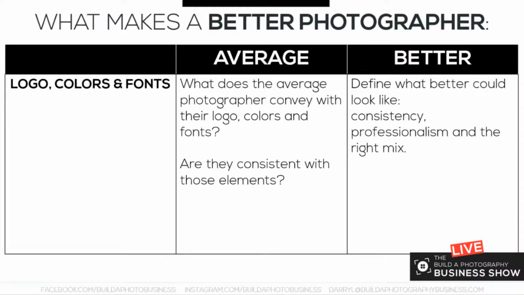So we're looking for consistency, professionalism, and the right mix of those elements relative to the particular brand. So say a fun brand will have different colors and fonts to a formal brand, and one isn't better than the other, but we want to make sure that there's consistency across those three elements, and in each space where those elements are seen, whether it's online or in print or anywhere.